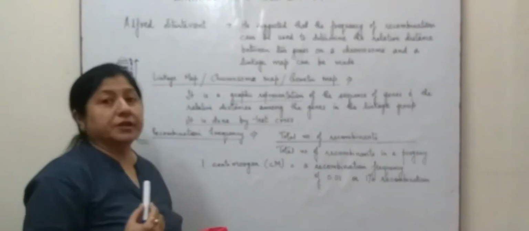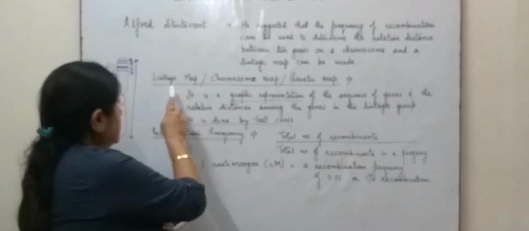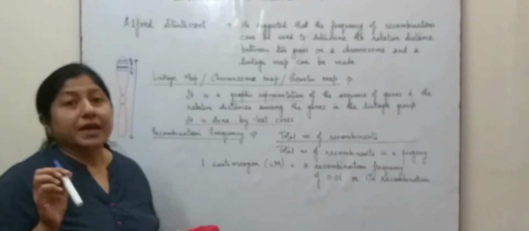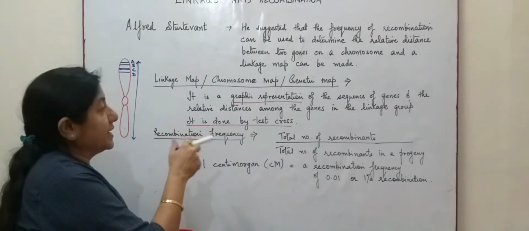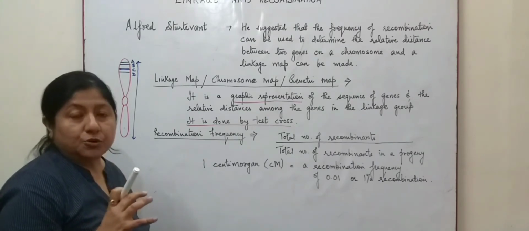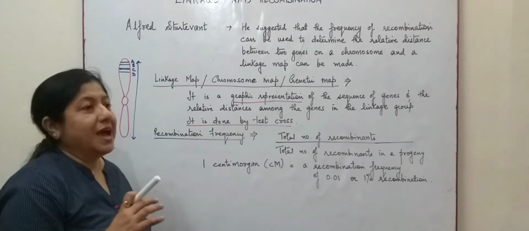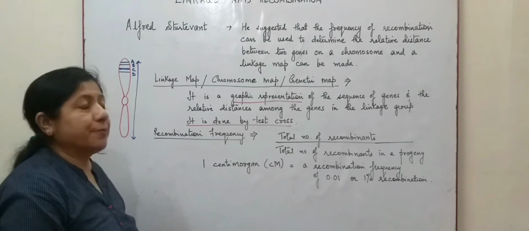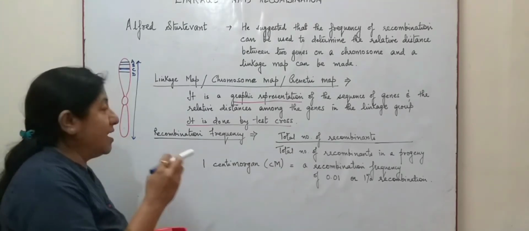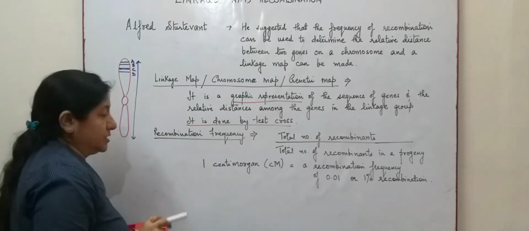The third important point about the linkage map is that it can also help in our understanding of the human genome. The entire human genome has been traced, and so the chromosomal map or the genetic map is very, very important in our understanding of the genes.